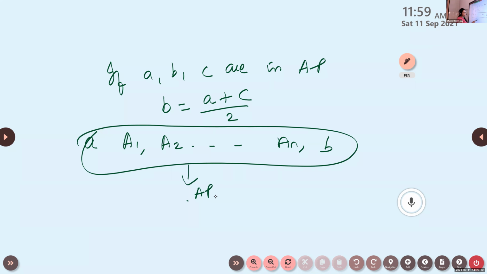We can insert n arithmetic means between these two so that it will become an arithmetic progression.